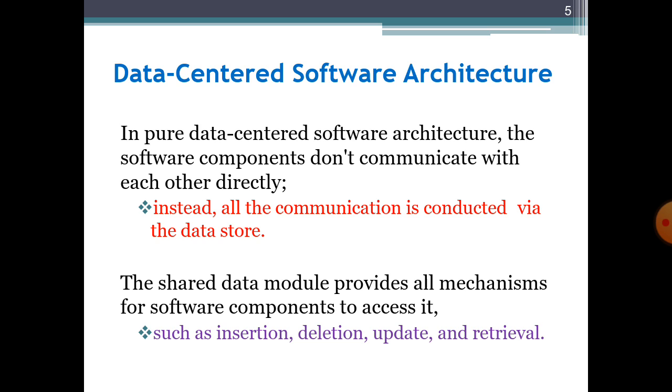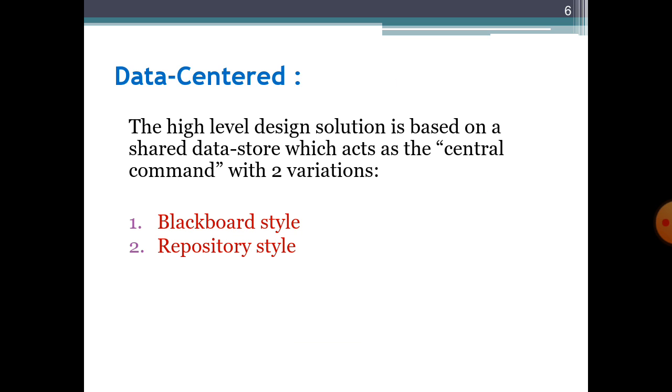So it's a brief background or a brief structure about a shared software architecture, which we also call data centered software architecture. So data oriented or shared software architecture is basically a high level design solution based on a shared data store, which is centrally commanded through a shared data center.